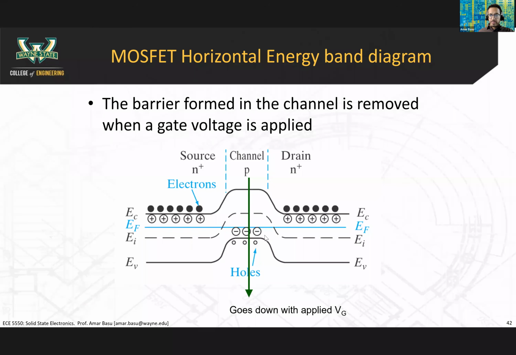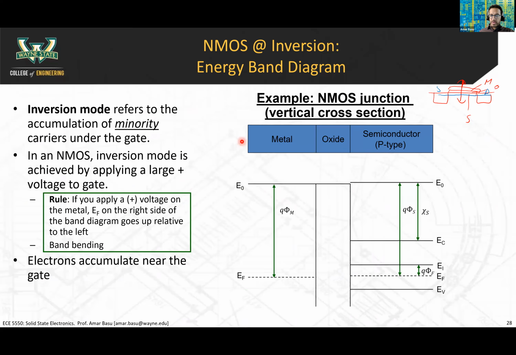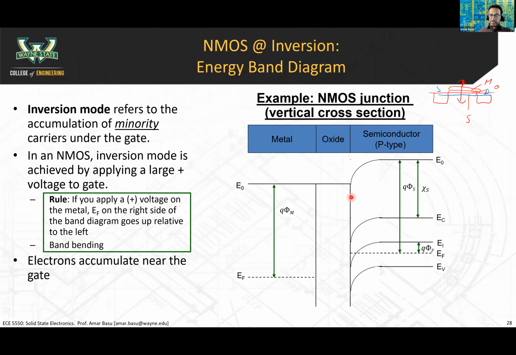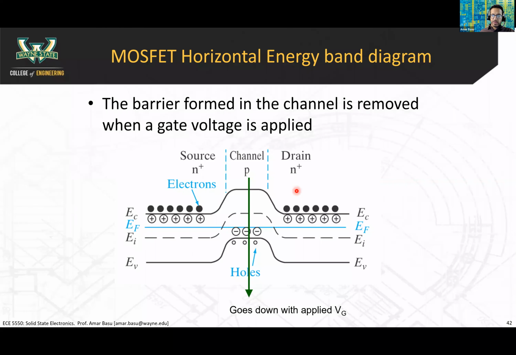It's not these types of diagrams, where we talked about the metal oxide semiconductor, going from the metal to the oxide to the semiconductor. There's another energy band diagram that we can draw that goes from the source to the channel to the drain. We went over this last time, but I'm just going over it again as a review.